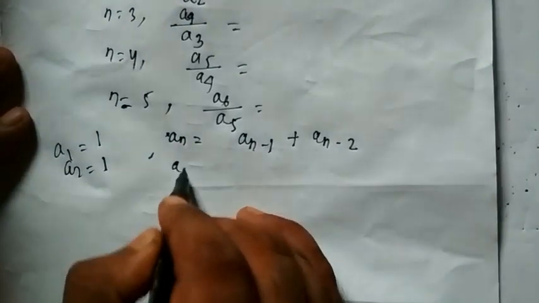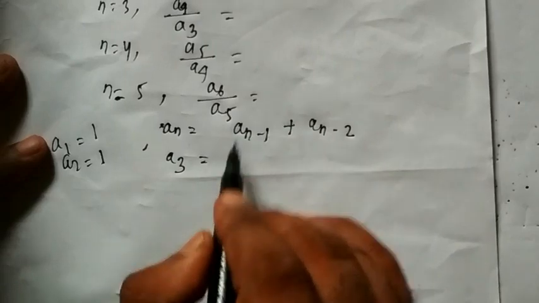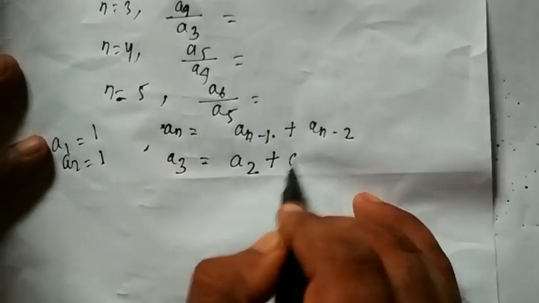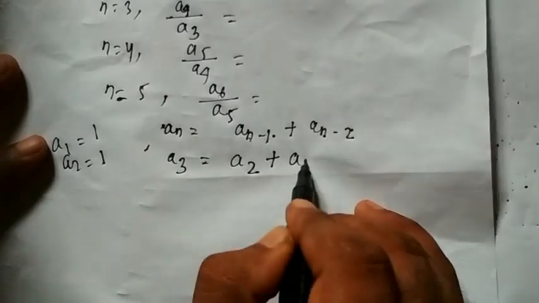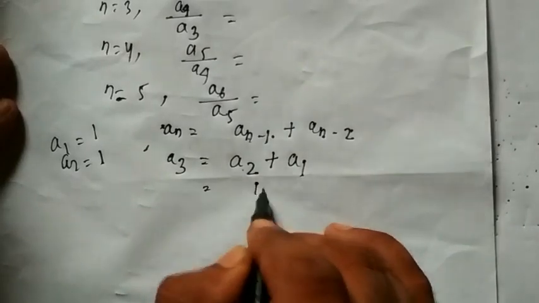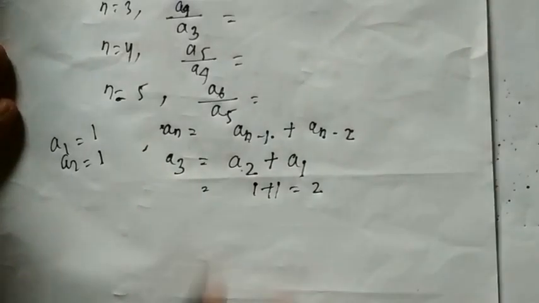Then we find a3. In place of n you can write 3. Then a3 is equal to a3 minus 1, that is 2, plus a3 minus 2, that is 1. That means a2 plus a1. So a2 is 1, a1 is 1, 1 plus 1 is equal to 2.